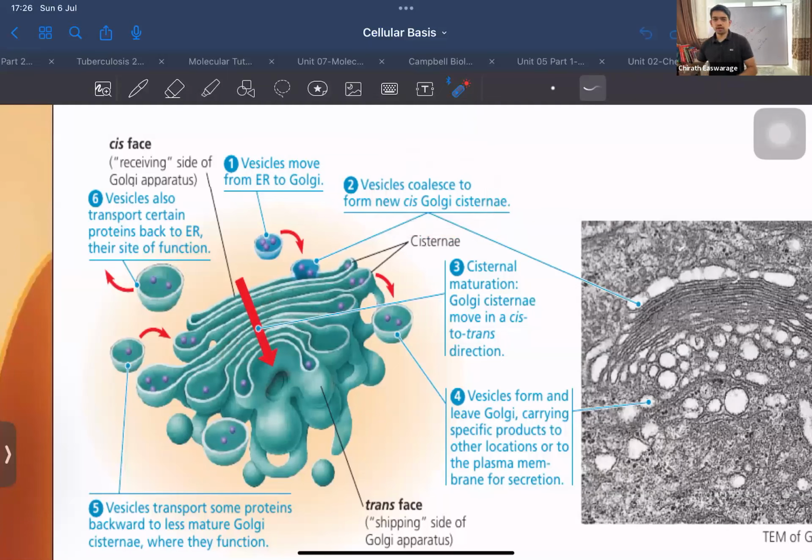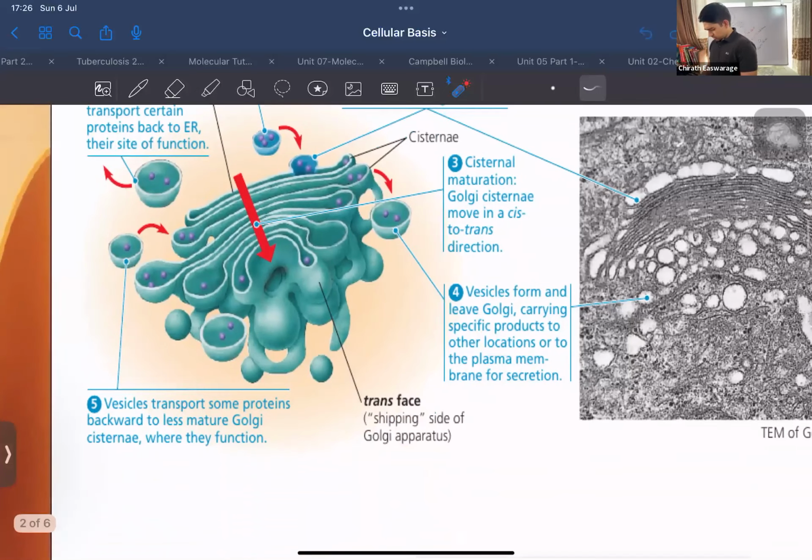It's like a delivery van coming to the post office and unloading. It can be proteins, amino acids, anything. That is unloaded into the Golgi, and new vesicles are formed and go out of the Golgi from the trans phase. Okay, that is basically all you need to know.